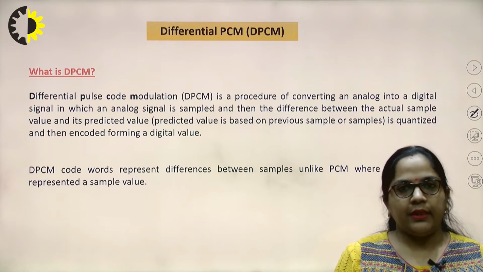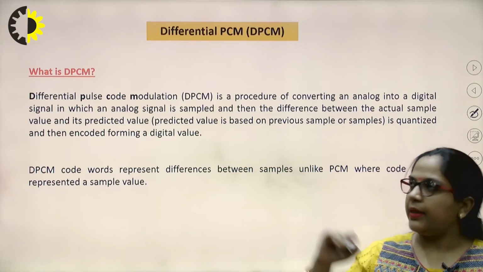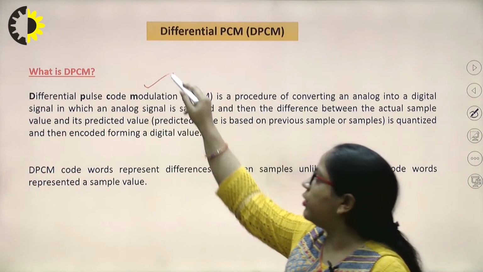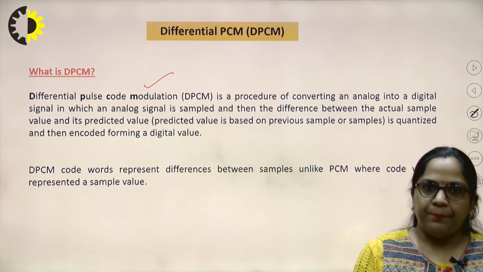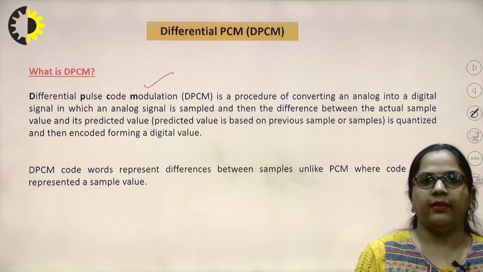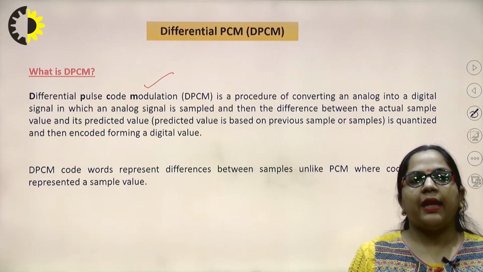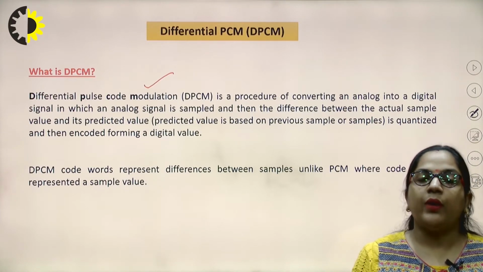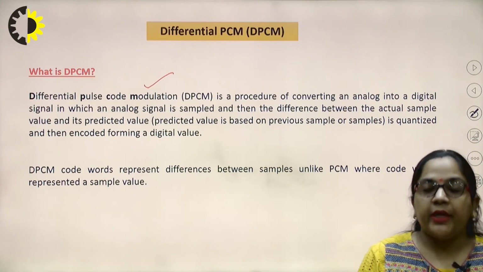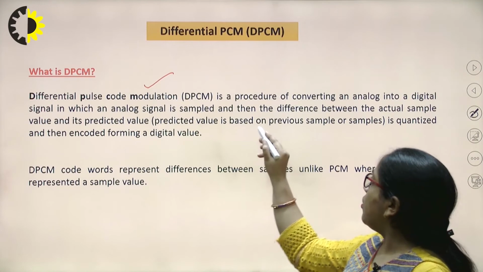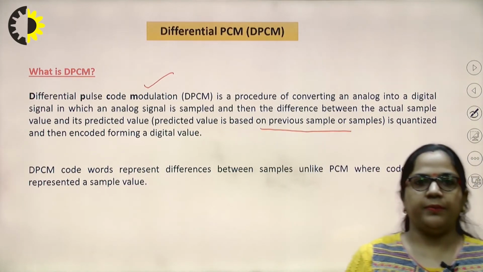In differential pulse code modulation, it is also a technique of converting analog signal into digital signal, but the analog signal is sampled and then the difference between the actual sample value and its predicted value is taken. What is the predicted value? Predicted value will be based on the previous sample.